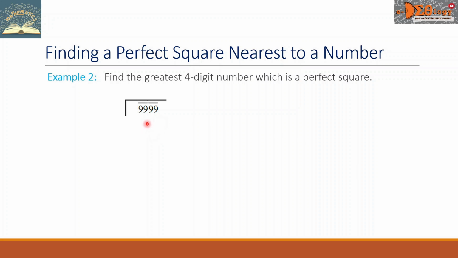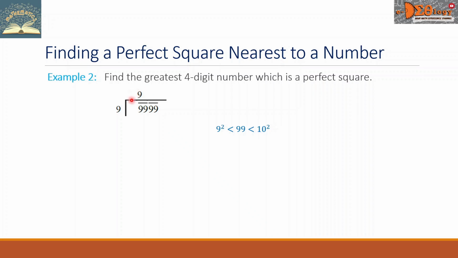We put the bars like this. Then we take the square root of 99. Notice that 99 is between 9 square and 10 square. 9 square is 81, 10 square is 100. So this value of 9 we write here. When we take the square root of 99, the answer is 9.